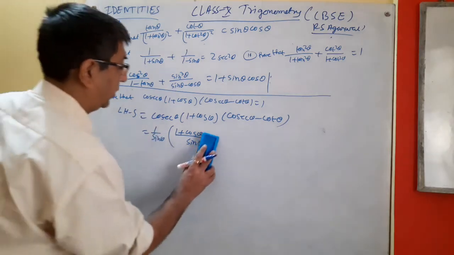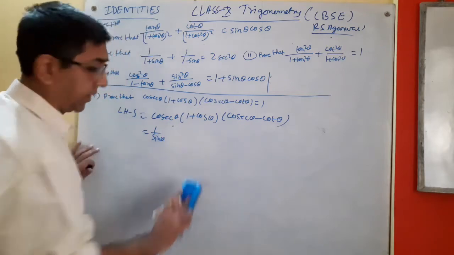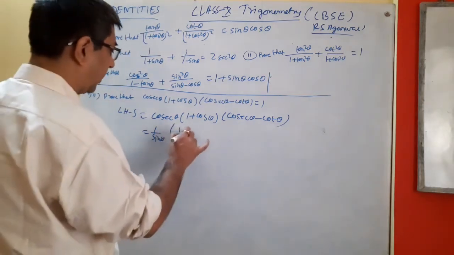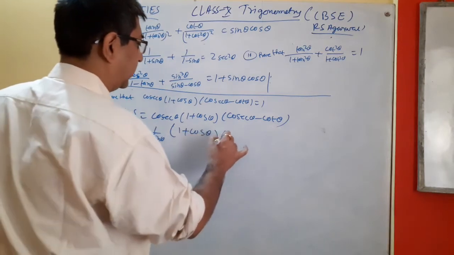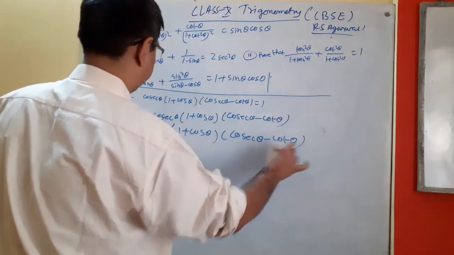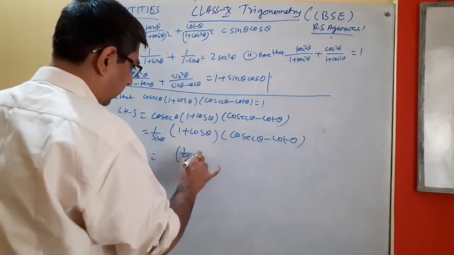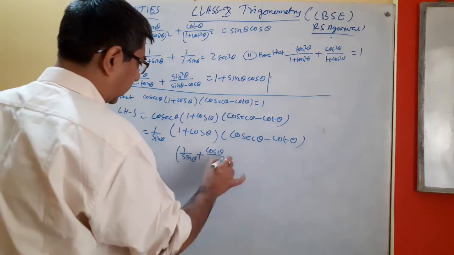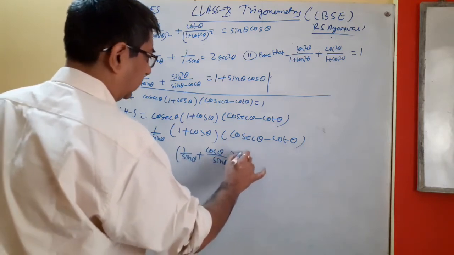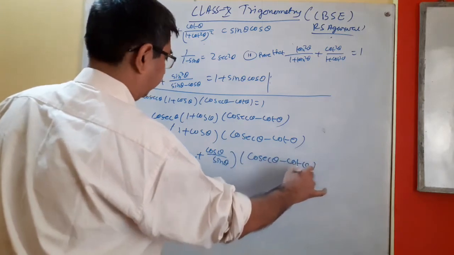Okay, it's better to write 1 plus cos theta. This is 1 by sin theta plus cos theta by sin theta, into cosec theta minus cot theta.